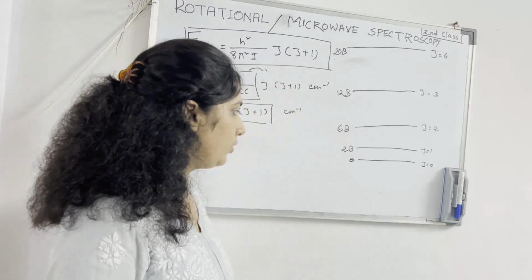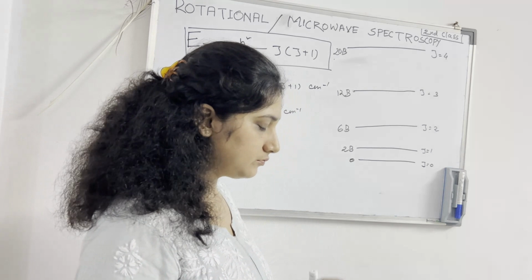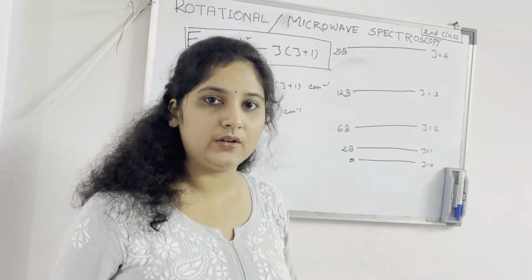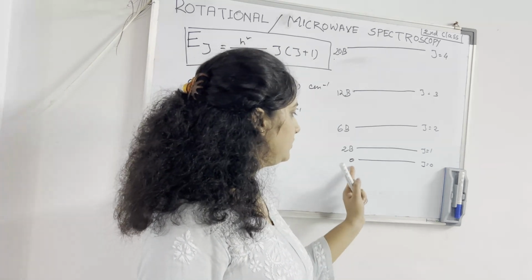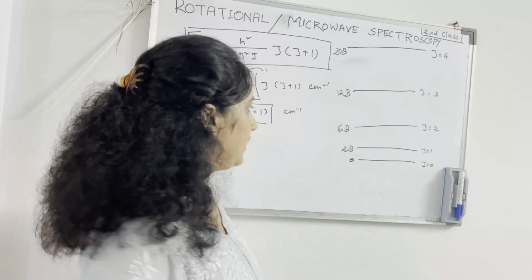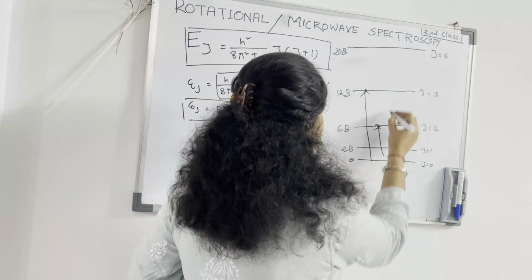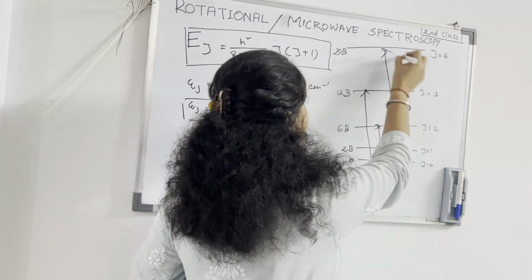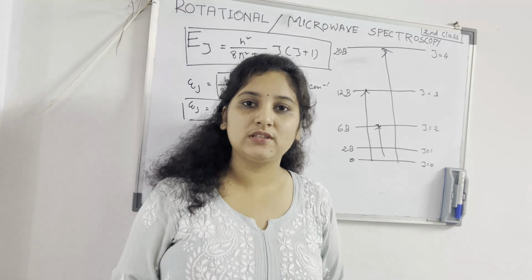So if I provide some amount of energy, मान लो कि मैंने कुछ माइक्रोवेव एनर्जी प्रोवाइड किया, so पहले सिस्टम जीरो एनर्जी स्टेट में था, स्टेबल था. Now वो एनर्जी लेके वो इधर भी जा सकता है, इधर भी जा सकता है, if there is no selection rule.